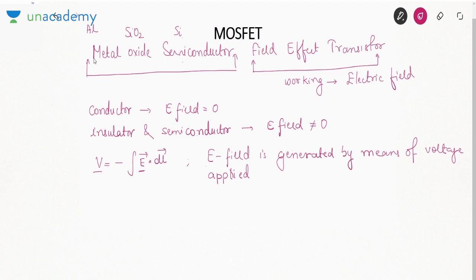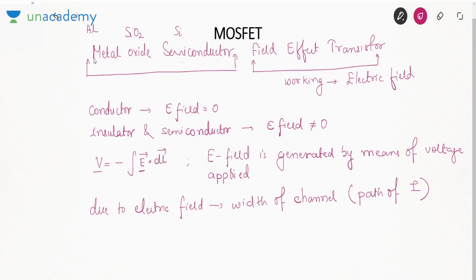Now this electric field is responsible for the operation of MOSFET, and that is why it is called a field effect transistor. How does this electric field affect the operation? Due to electric field, we change the width of the channel. What is this channel? Channel is basically the path of current conduction.